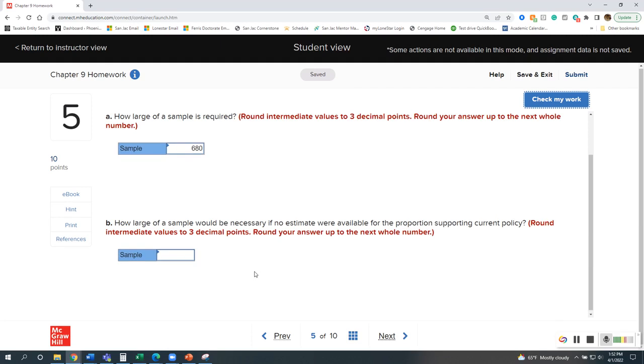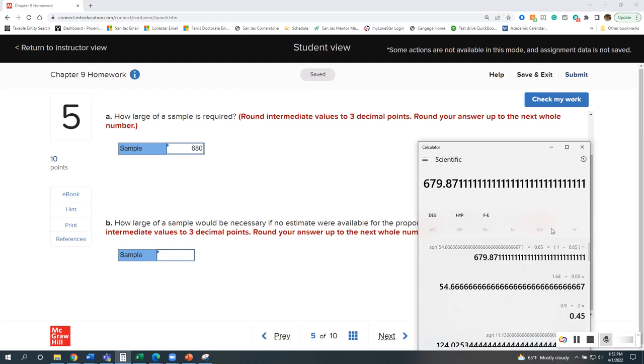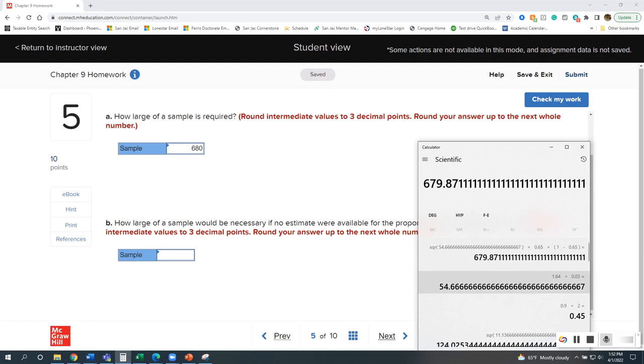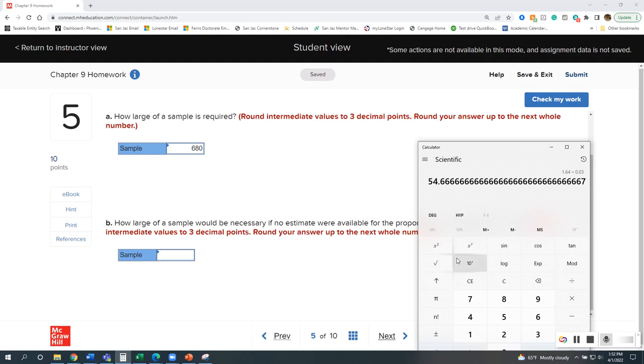Okay. How large is the sample size necessary to be if no estimate was available? Okay. So again, if there's no estimate available and we're trying to figure out the sample size using this method, it reverts to 50. So, calculator. Since I've already figured out, if I'm using this number, let's square it again.